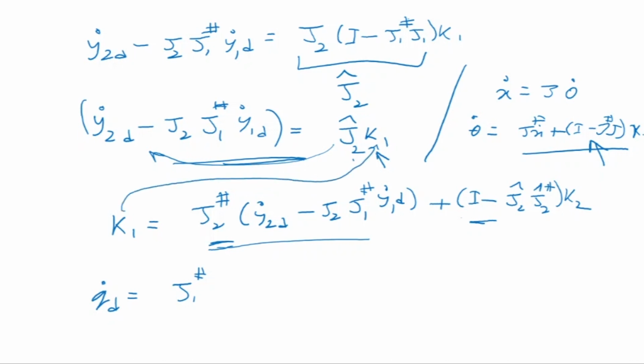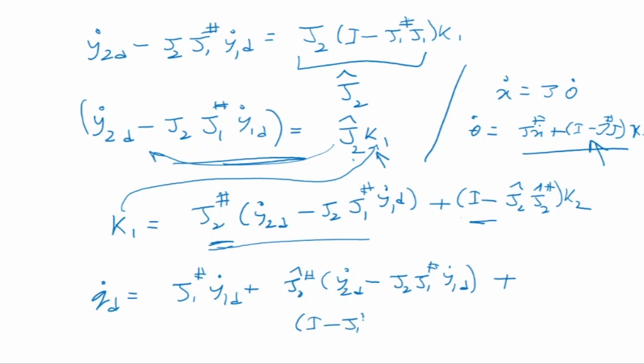So what I get, the desired q dot is equal to J1# into y1d plus J2# into (y2d minus J2 J1# y1d) plus (I minus J1# J1 minus J2# J2) into k2. This is what I'm getting from here.